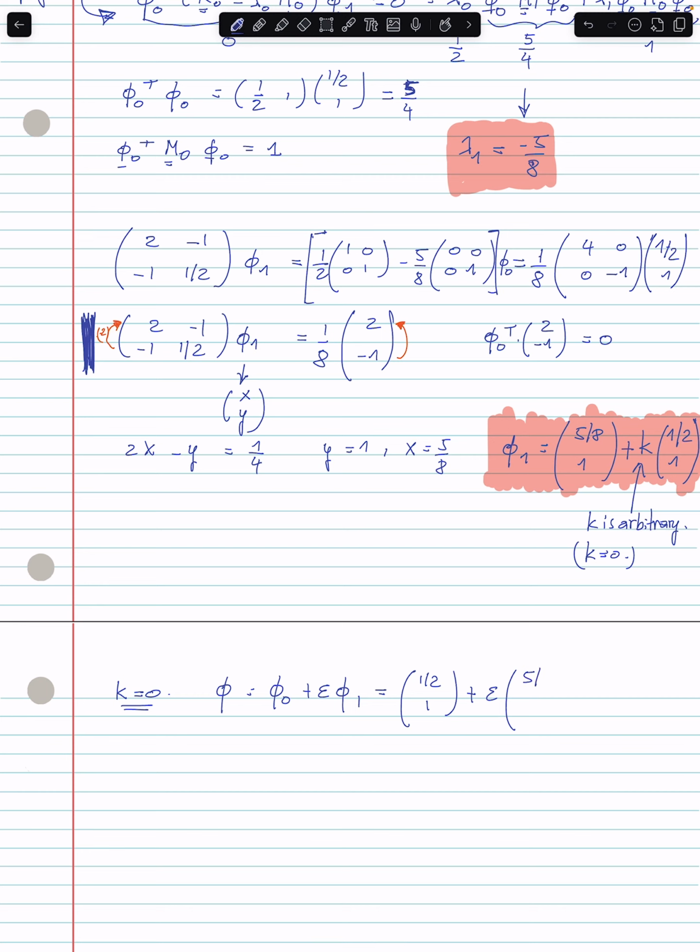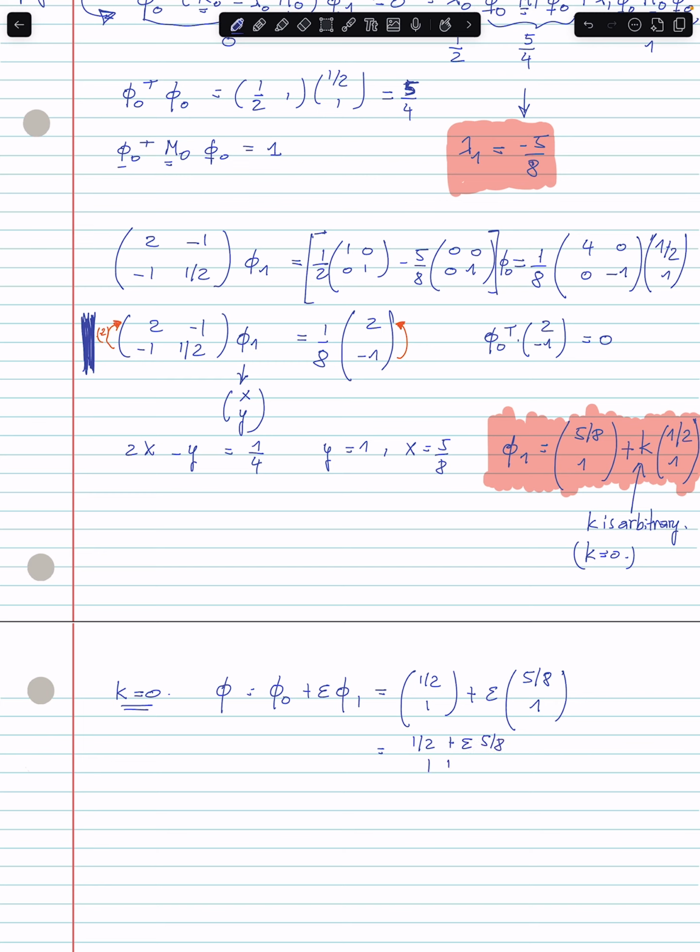So we have 5 over 8 and 1, like this. And then let's put everything together. This is 1 over 2 plus epsilon 5 over 8, and this is 1 plus epsilon. That's the eigenvector we have.